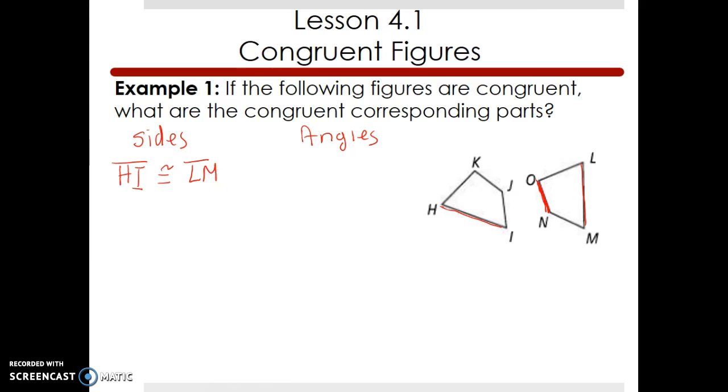Going with that, we'll try the next one. JI is the shortest one, and it seems that it goes with NM. So JI is congruent to NM.